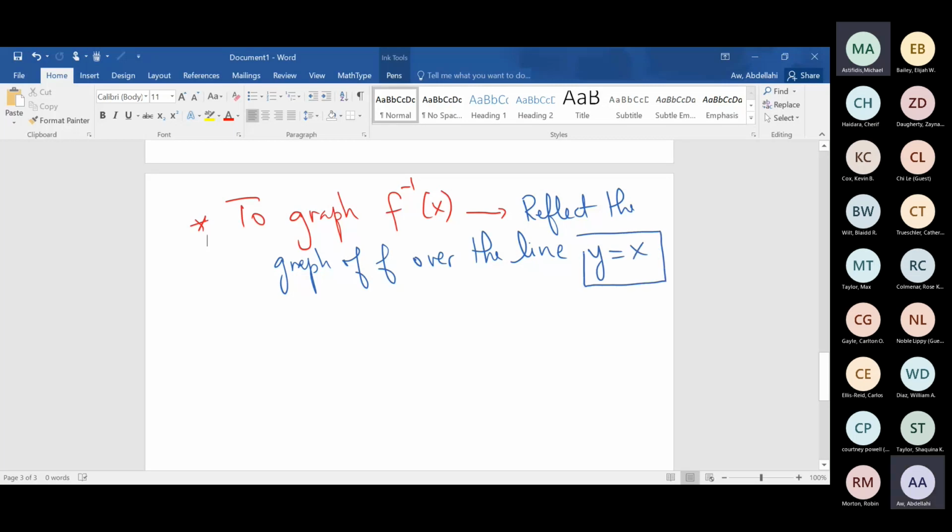It is understandable. I don't want to dig into this right here, but it's understandable why the line y equals x will be the axis of symmetry.